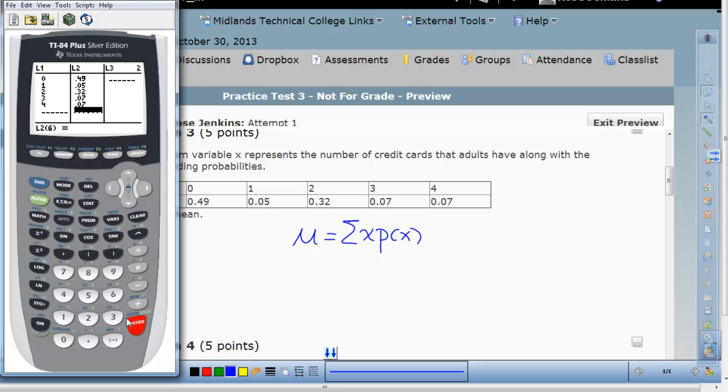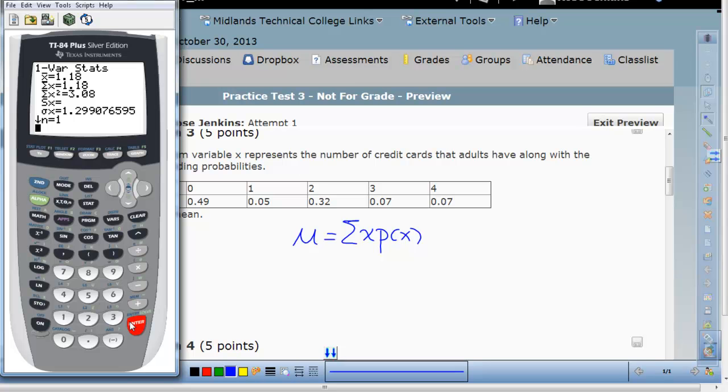But once we've got them in the calculator, we're going to go to Stat, go over to Calc, and we're doing this just like we would a weighted mean. So it's one variable stats. We're going to look at L1, comma, L2. And so we get x bar is equal to 1.18.